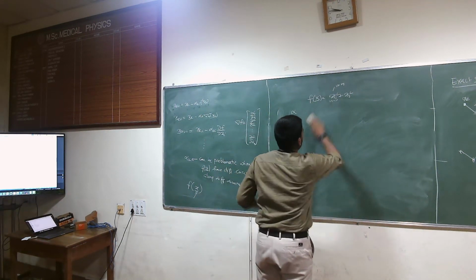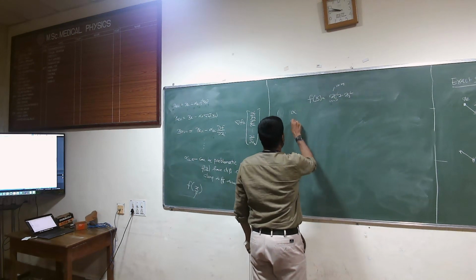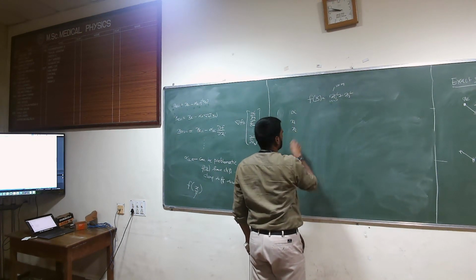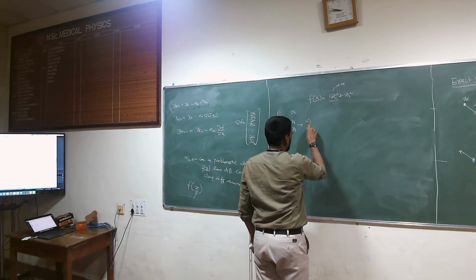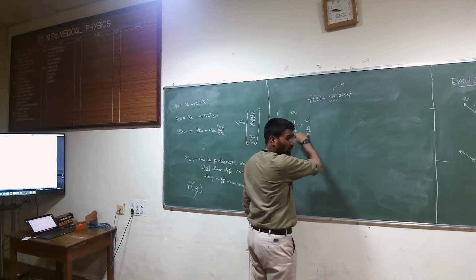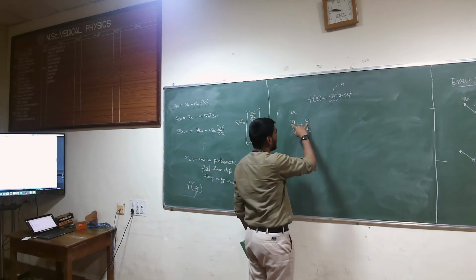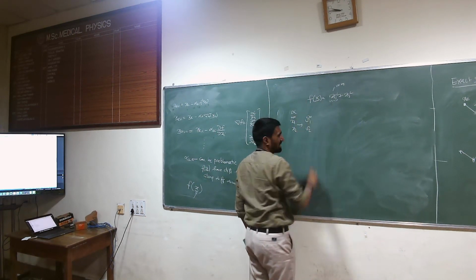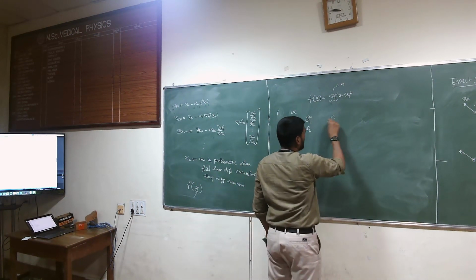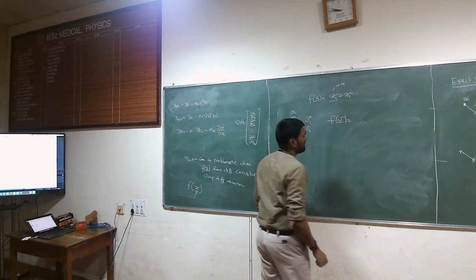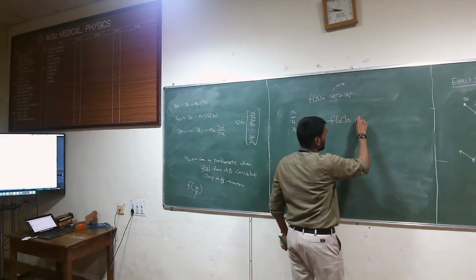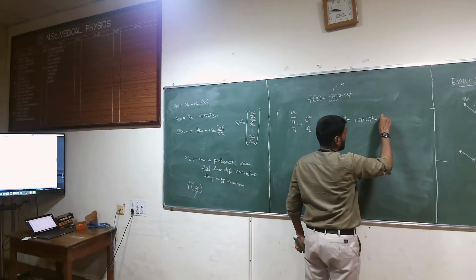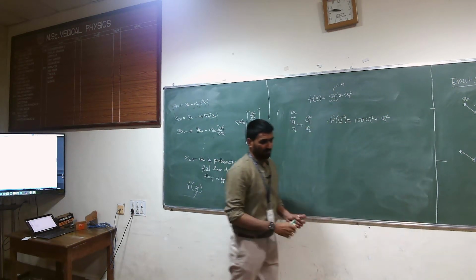Now, instead of x1 and x2, I'm measuring in v1 and v2. v2 and x2 are the same, I've not changed the units, but I've switched x1 from millimeter to centimeter. That means my new function will be 100 times v1 square plus v2 square.